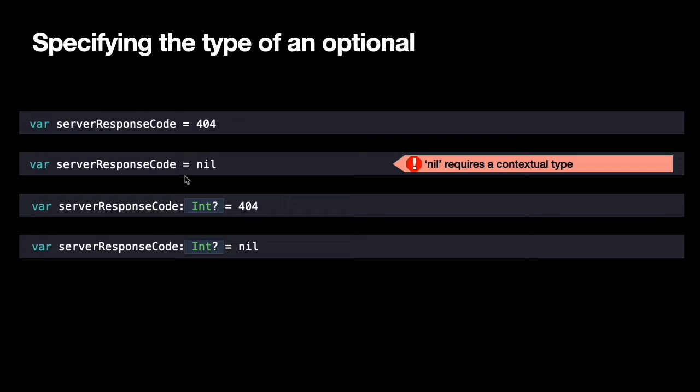It has no idea. So the compiler will throw this as an error. Whenever you want to specify an optional, you have to explicitly specify the type. In this case, server response code is of type optional int, and then we can set it to an integer or we can set it to nil.